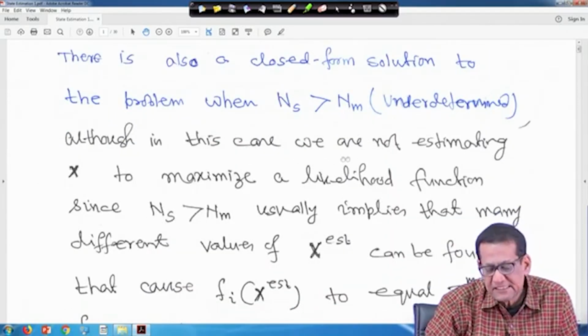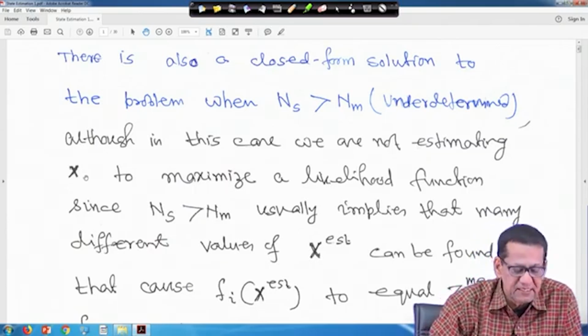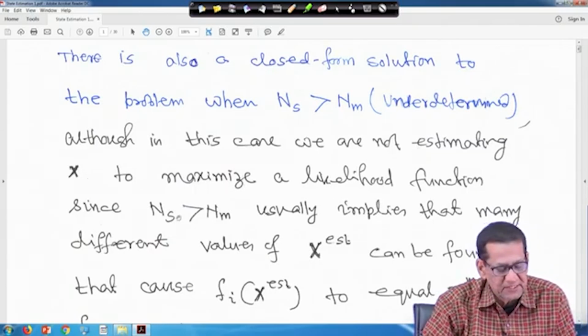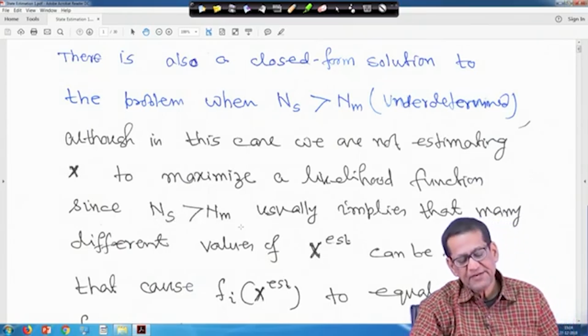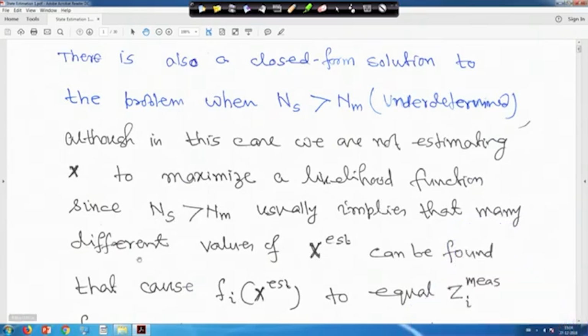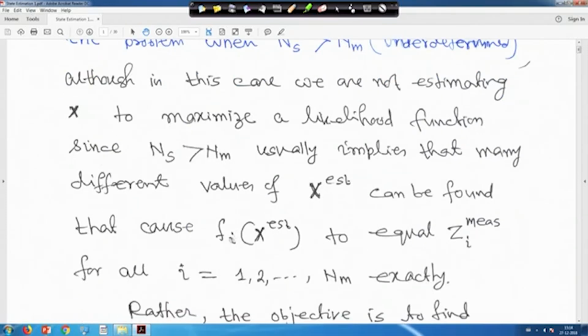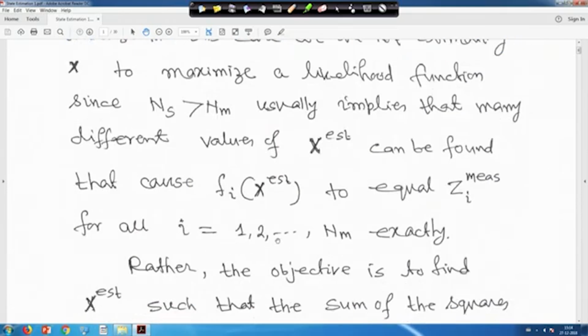Although, in this case we are not estimating x to maximize a likelihood function, since n is greater than n m, it usually implies that many different values of x estimated can be found, and that cause f i of x estimated to equal z i measure for all i equal to 1 up to n m exactly, right.